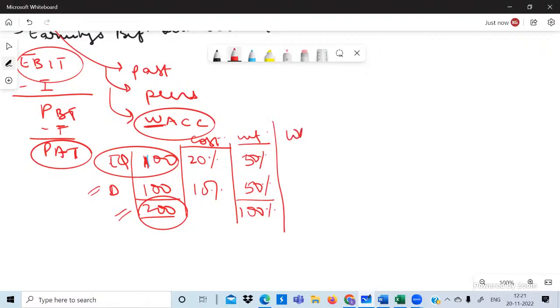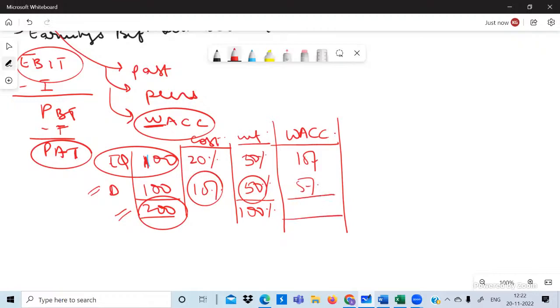After this, you will calculate your WACC. So how do you calculate your WACC? As the name suggests, it's weighted average cost of capital. So you'll multiply the weight with the cost. So 50% into 20%, that's 10%. And then 50% into 10%, that's 5%. Add it up, what you get is 15%. So that's nothing but your weighted average cost of capital.